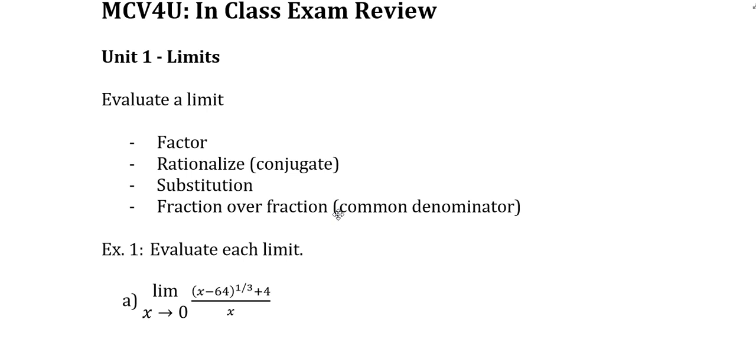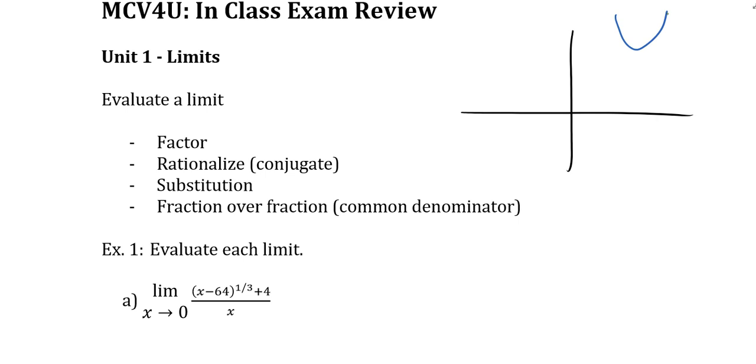If we think back to the definition of limits, you've got left-hand limits. As x approaches a value, it doesn't have to be 0, it could be anything, what does the function approach from the left? What does the function approach from the right? We had a graph that's just like this.